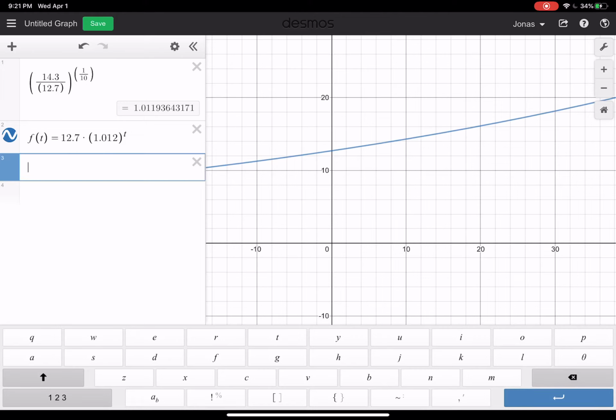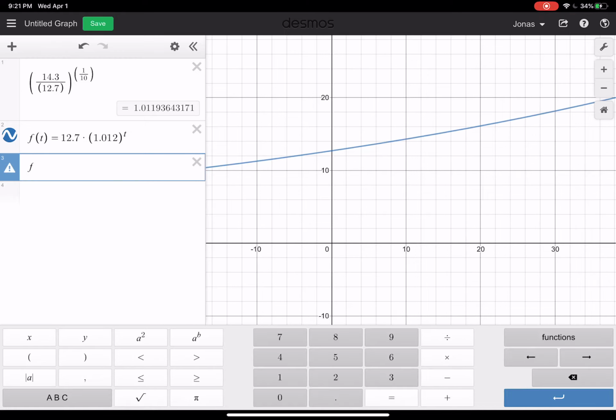The reason this is worth taking the time to put into Desmos is that we can now use the function notation f of 15, and it gives us right away f of 15 is 15.18837. I'm only going to take 2 decimals for population, 15.19.